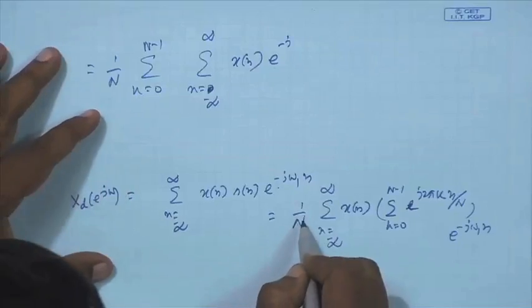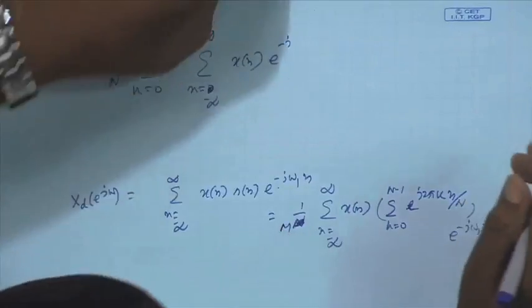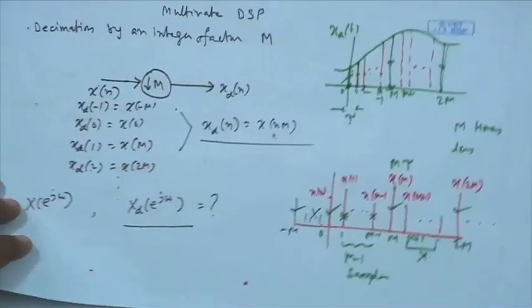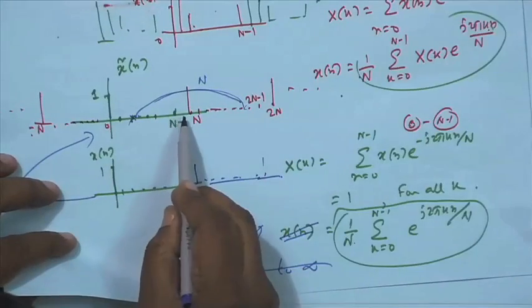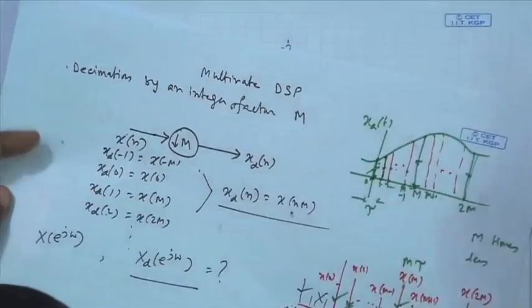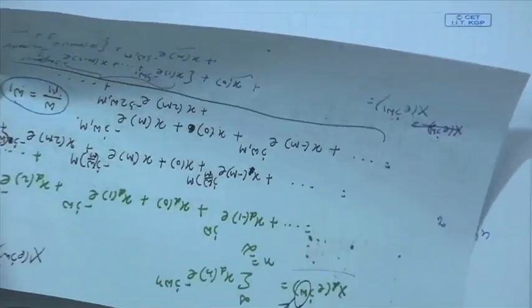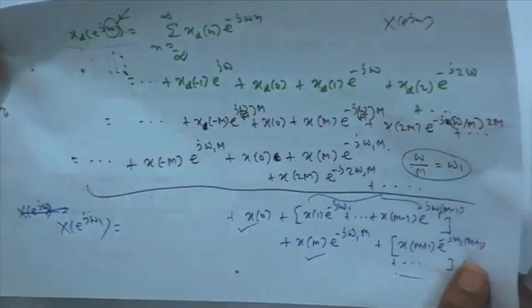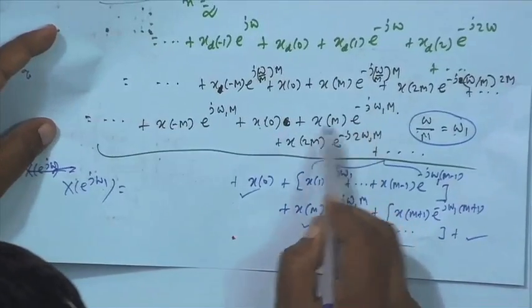Now, this is not n, this will be m, sorry, I forgot to mention, because earlier the period was taken to be capital N, 0 to N minus 1, but for our business it was this m.